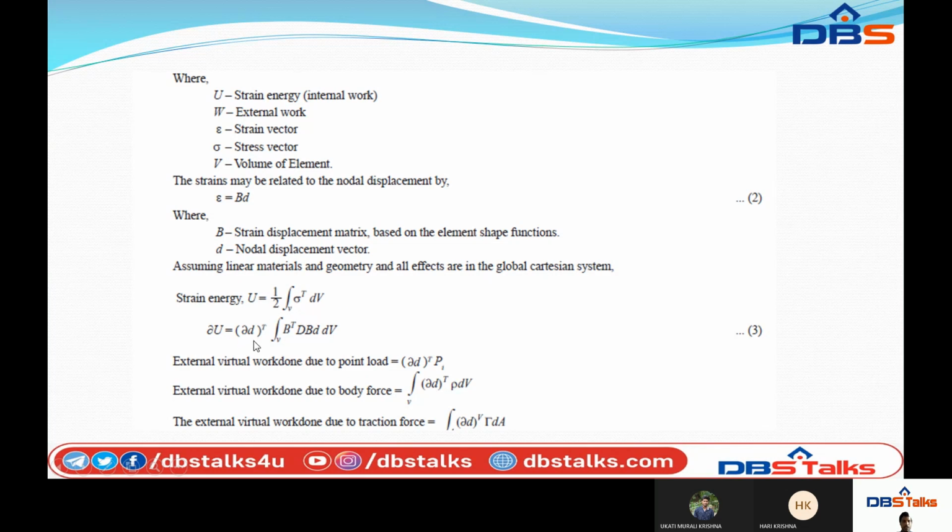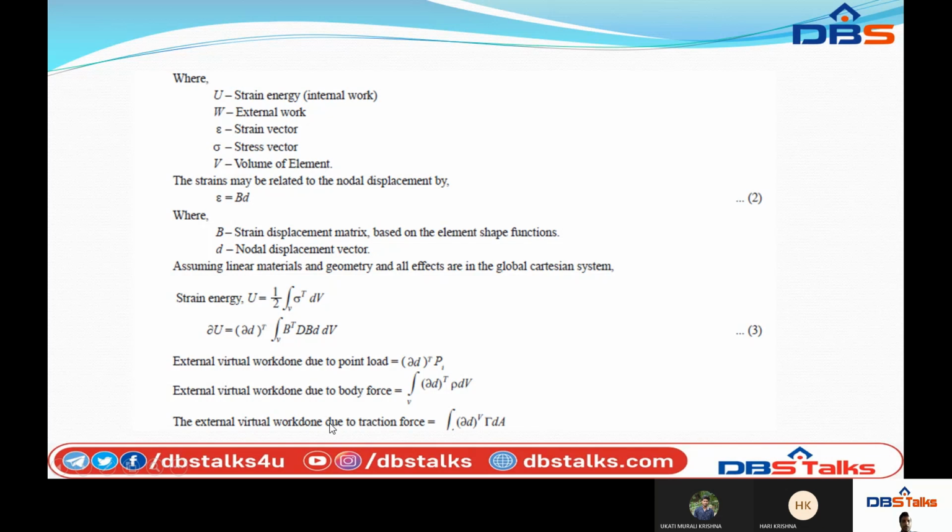Then ∂U equals ∂dᵀ times the integral of Bᵀ σ, that is Bᵀ, the strain displacement matrix transpose, times B d, where d is the displacement vector, dV. Here I am taking three factors for the calculation of external virtual work: due to the point load Pi, due to the body force P dV, and due to the traction T dA.